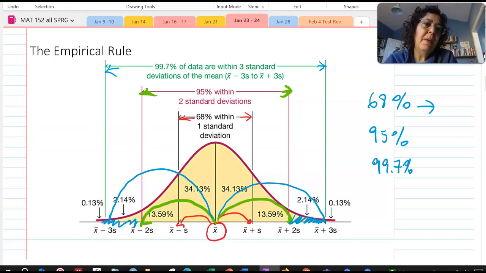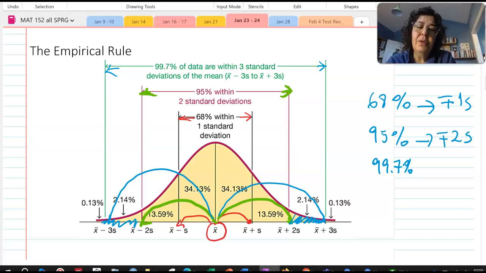So 68% goes 1 standard deviation up, 1 standard deviation down of the population. So that is plus or minus 1 standard deviation. 95% means we're going up and down for 2 standard deviations. 99.7% means we're going up and down 3 standard deviations.